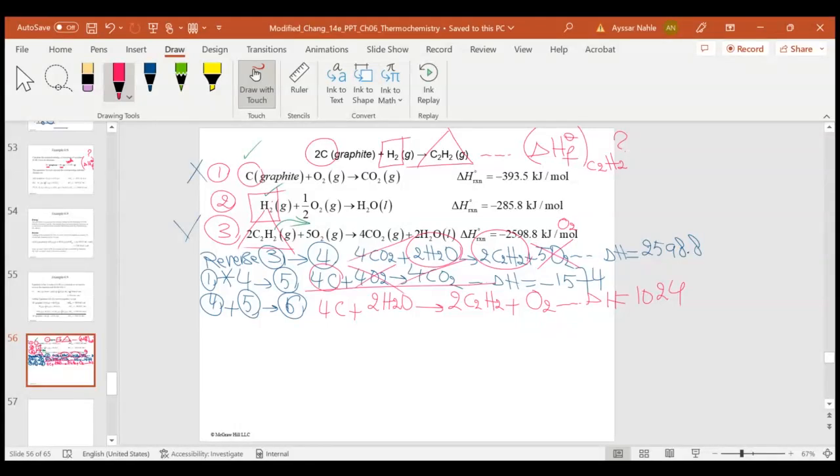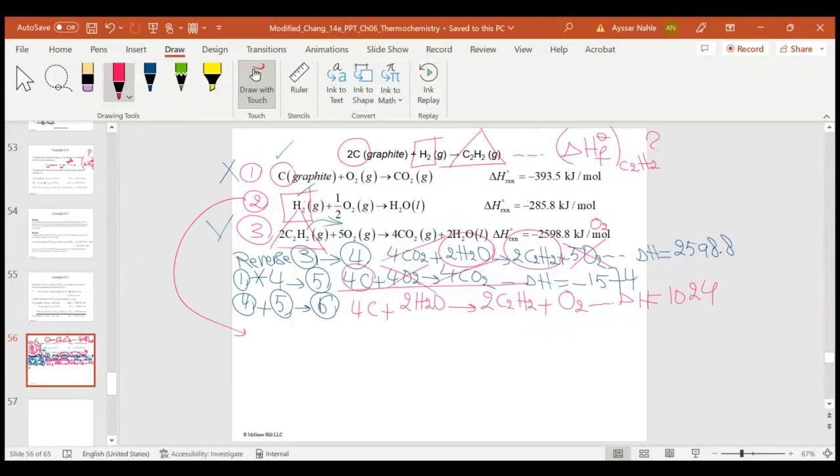Now we're finished with all of those. Equation number 6. What I'm having in here, I'm still having the water, right? How many water am I having? 2 water. Now I would say, take equation number 2 and multiply it by 2, and this will give me another equation, number 7. What will be number 7? It will be 2H2 plus O2 will give 2H2O.